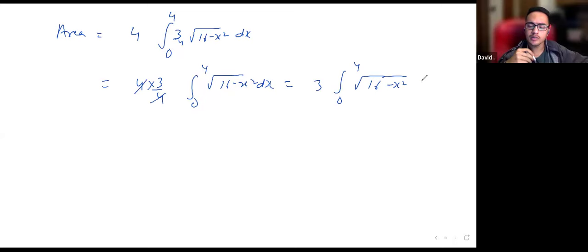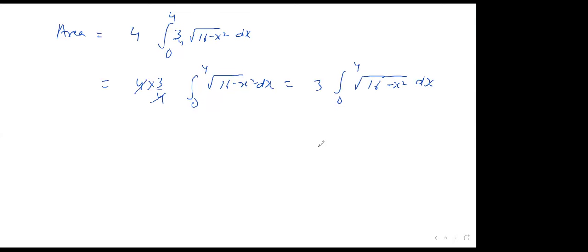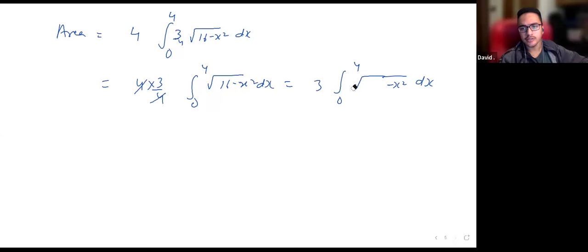Yes, sir. This is a square minus x square, right? Yes, under the root it is of the form a square minus x square. So this 16 actually can be written as 4 square.